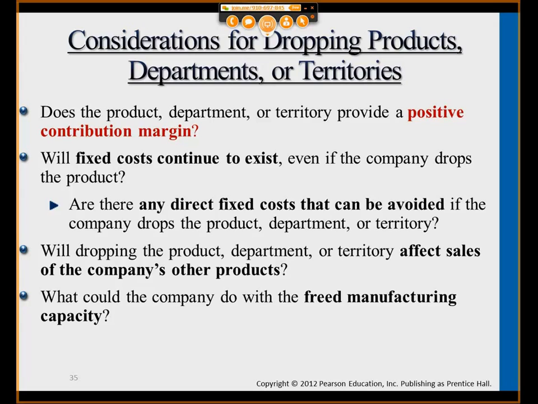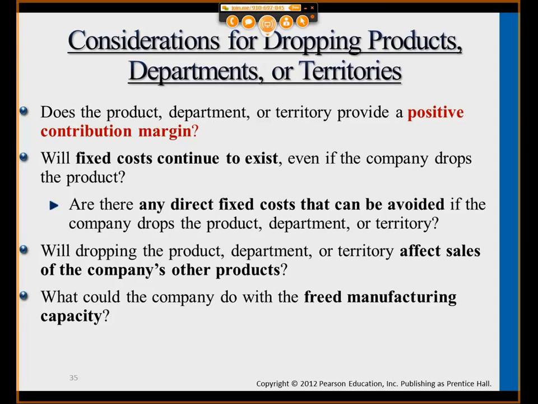It's not the only thing that we're going to consider. Not just the product can be dropped. It's also a department that might be eliminated, and it can also be a territory that might be disregarded, right? So managers often decide whether they're going to drop a product, department, or territory.